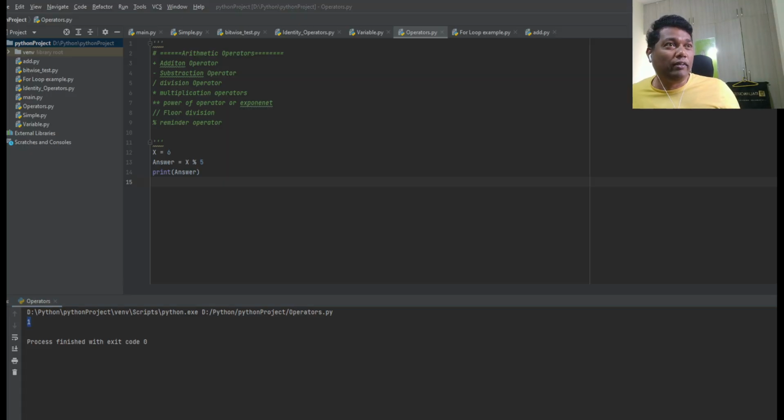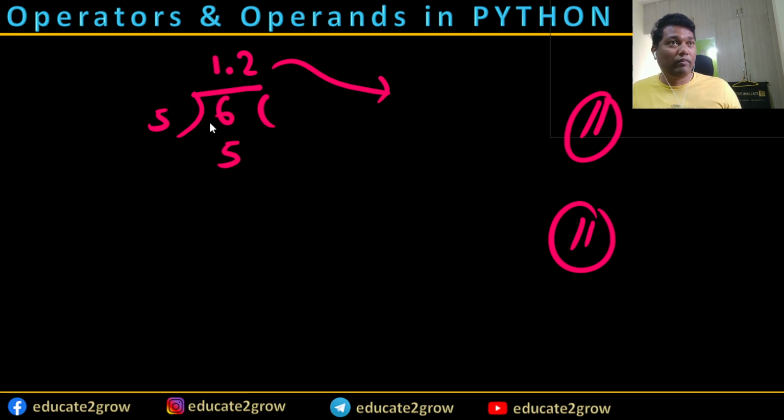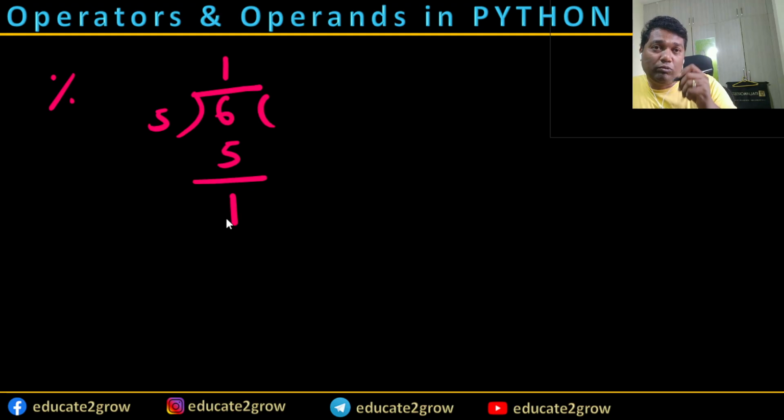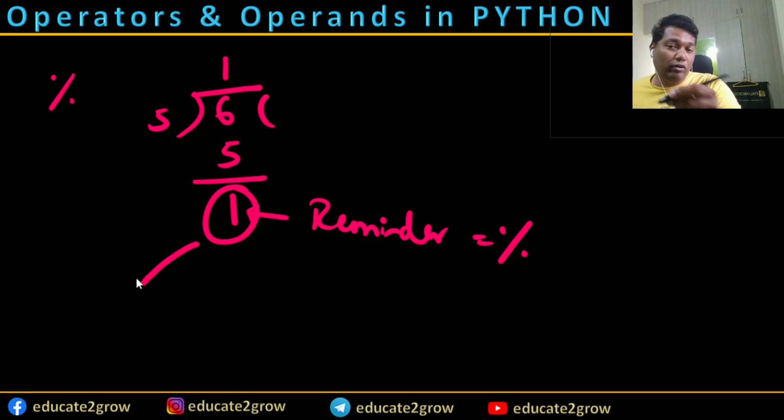Let's interpret the answer. 5 ones are 5, and the answer is 1. Whatever we get on the first instance is the remainder. This is called the remainder, and it is indicated by the percentage symbol. This is the answer we got in the programming output window. That's how it is.